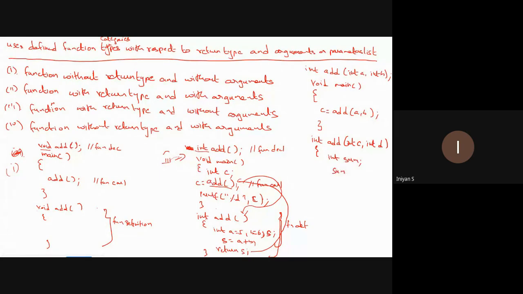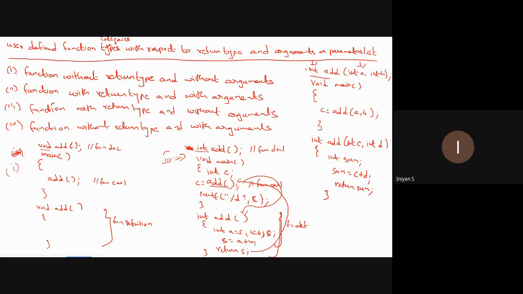See, this is not an exact program, I'm just writing the outline, okay? Now tell me which category is this? Function with return type and function with parameters, right?